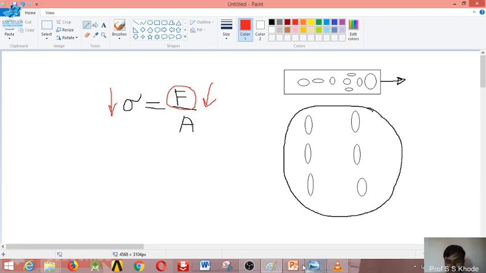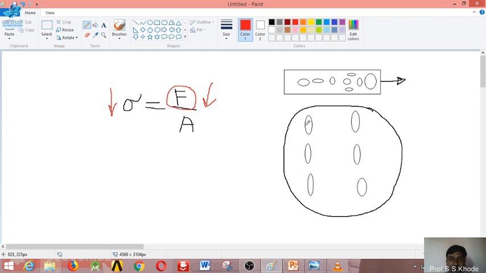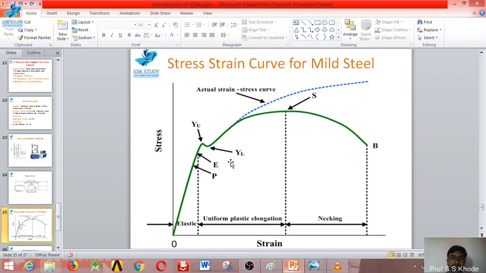This is what actually happens in yielding. Due to the plastic deformation, the atoms and molecules get detached from each other, so they offer less internal resistance, and less stress is induced in the material.